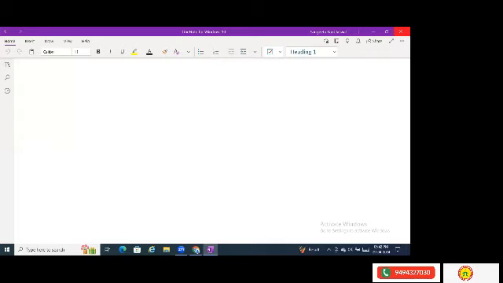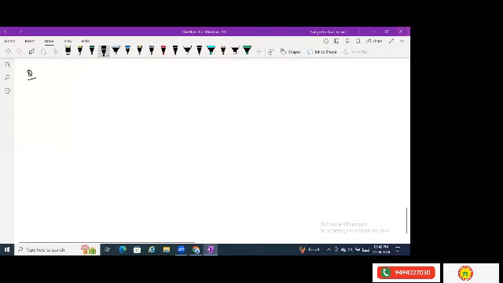Let's do a question on this first, based on the interior angle sum property. Please note down the angles of a quadrilateral.